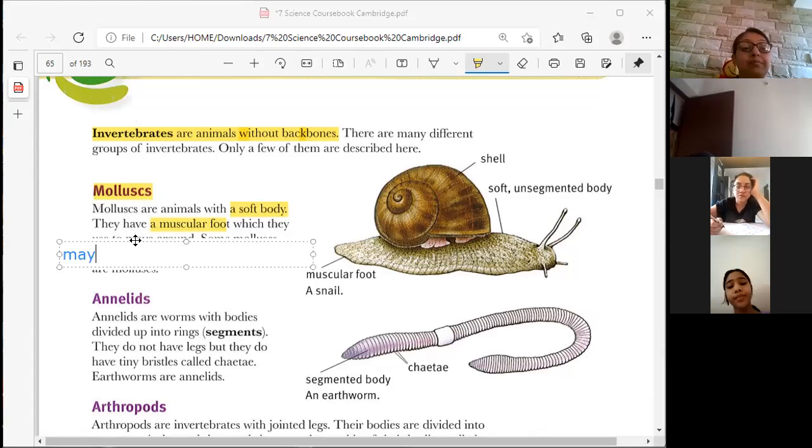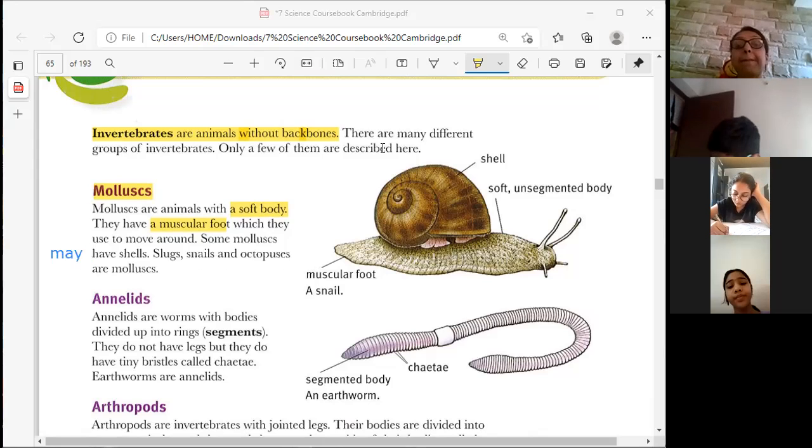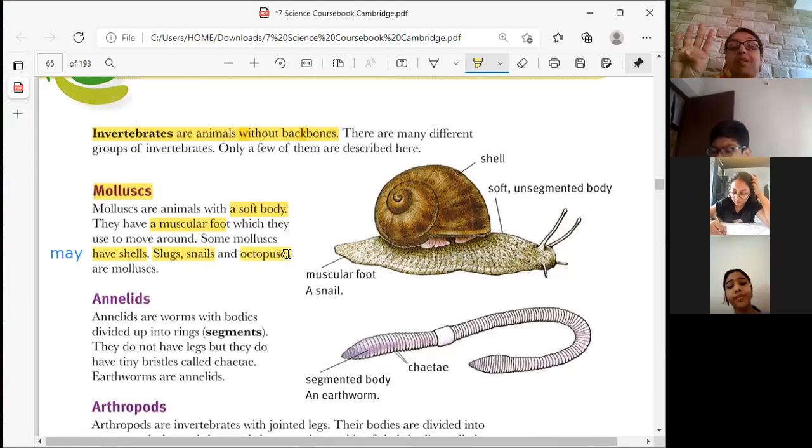Not all. And then the last point will be examples. So you can write these three as the examples. So total for molluscs, you will have 4 points. One will be soft body, muscular foot. Third will be may have shells, and fourth will be the octopus.